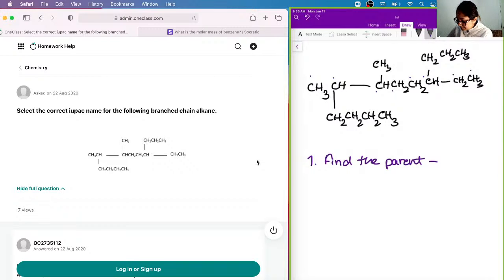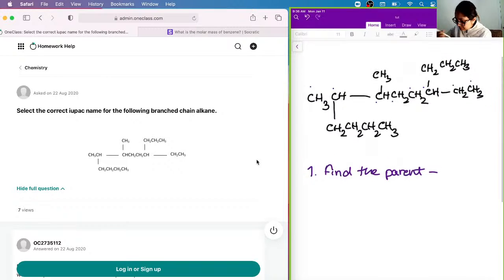How about we go from the top to the left side? So we have 1, 2, 3, 4, 5, 6, 7, 8, 9.